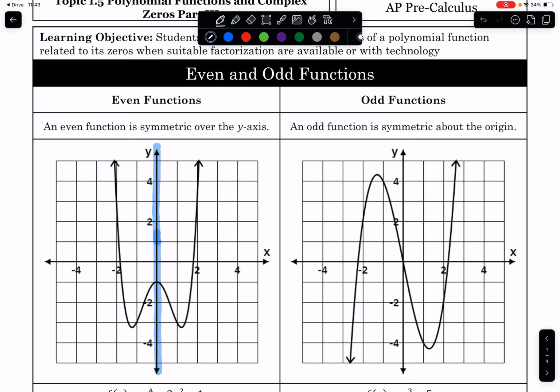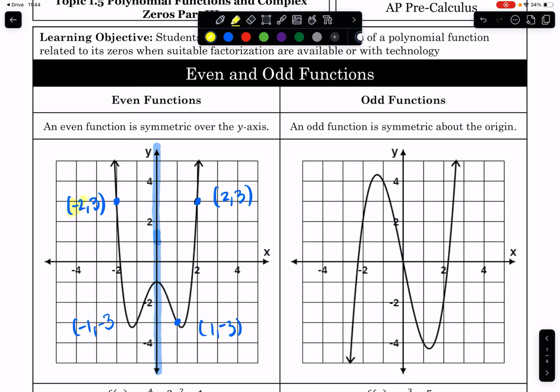And if you notice that for every x and y that we have, for example, I have the coordinates 2, 3 here, and I have this coordinate down here, 1, -3, I'll notice that on the opposite side, the opposite x coordinate has the exact same y coordinate, -1, -3.